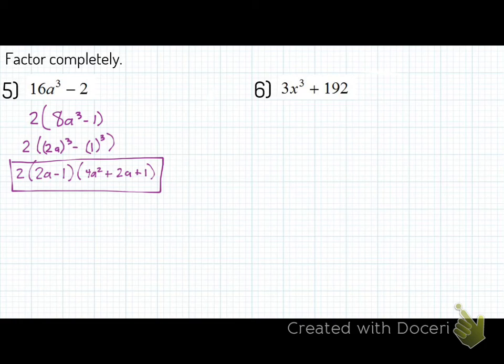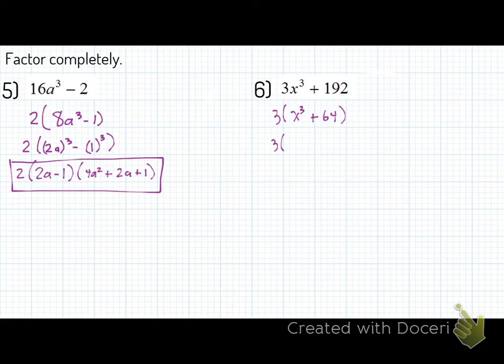Eyes up here. Okay, so you should have factored out a 3, and you got x cubed plus what? 64. And then you should have realized that these are both perfect cubes.